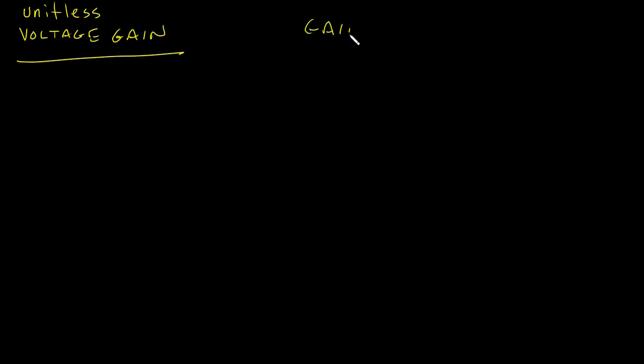So let's drive this point home just by looking at some voltage gains. In particular, we just want to see the conversion. So on this side we have unitless voltage gain, and over here we just want the gain in decibels.